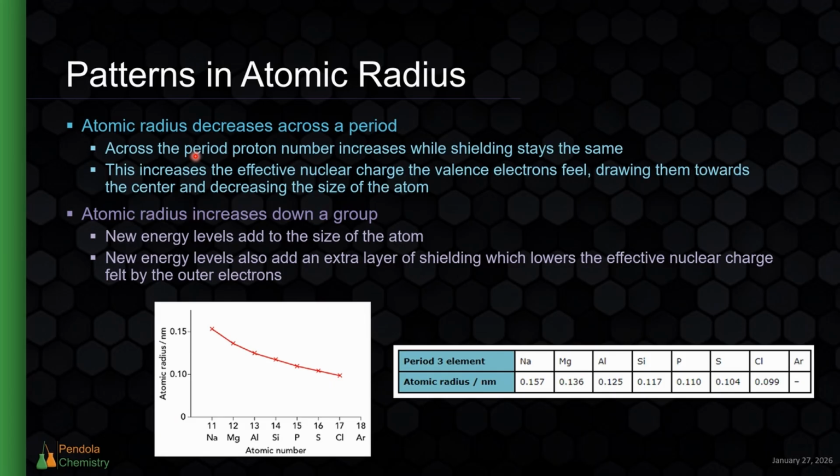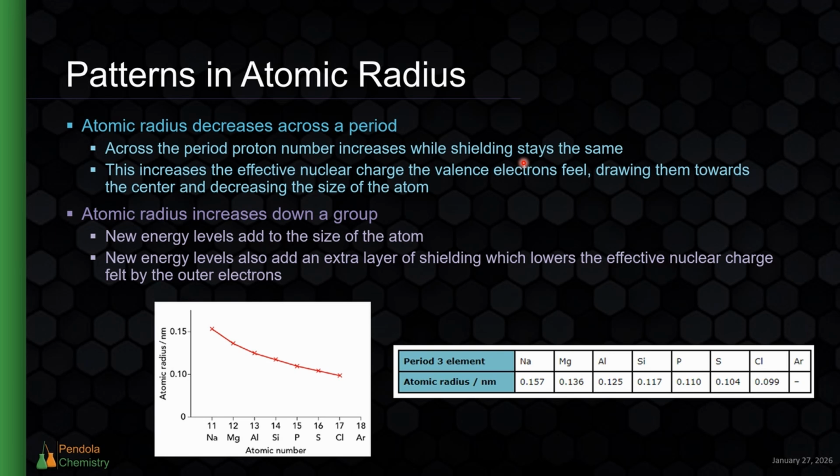Might be mistaken. Actually, might have been chapter 2 or something such. So atomic radius is going to decrease across a period. Across a period, what happens is that the number of protons increases while shielding stays the same.